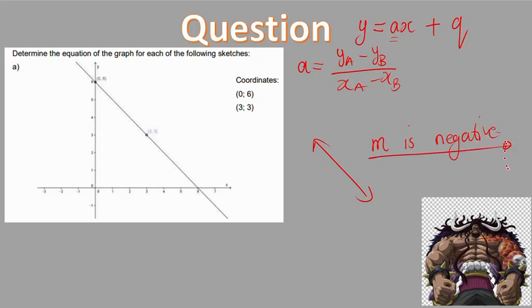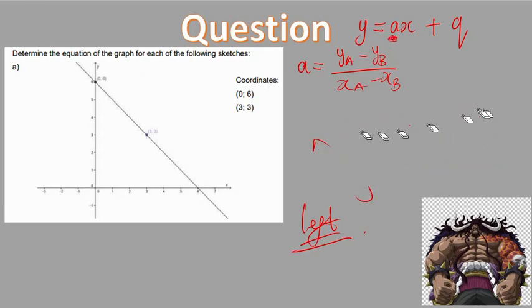This is a decreasing linear graph. Why? Because it's going to the direction of your left hand side. If you raise your left hand, this is where this graph is going. So your m should give you a negative answer because this graph is decreasing. That's one thing we know. Now, what negative answer is that? That's what we should calculate. But we know that a is already negative because this is a decreasing graph.